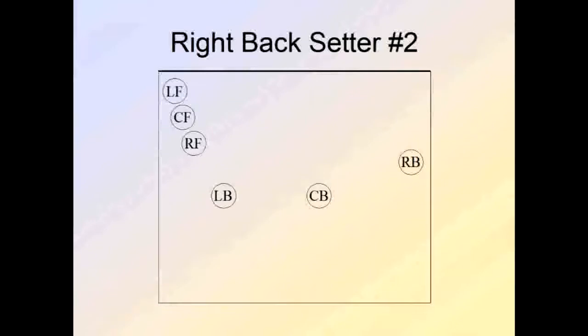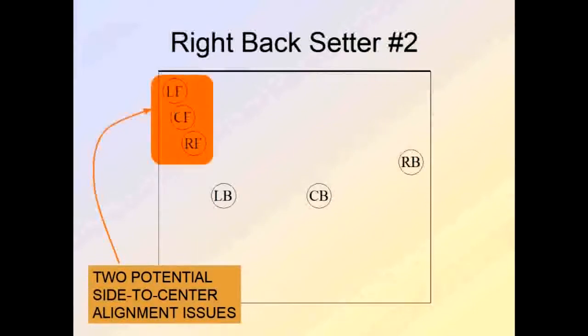Here is another potential setup for the right back setter, where the right back setter is closer to the right boundary line, and in doing so, all three front row players, left front, center front, and right front, are stacked to the left side of the court, closer to the left boundary, and there are two potential side to center alignment issues.